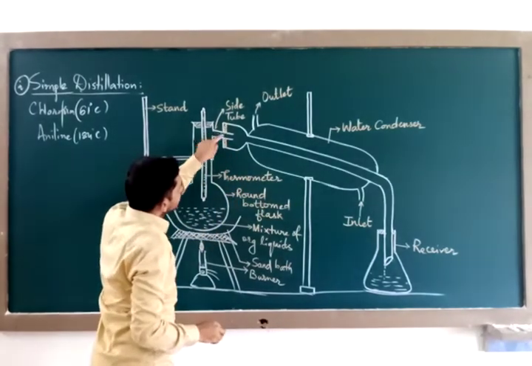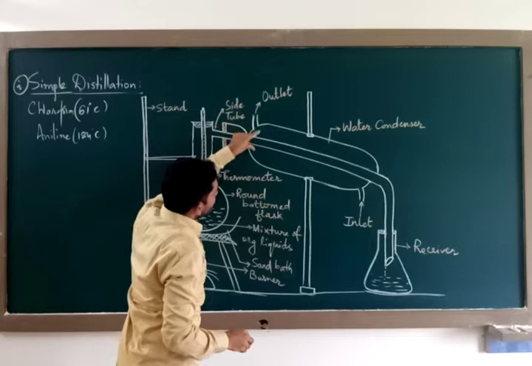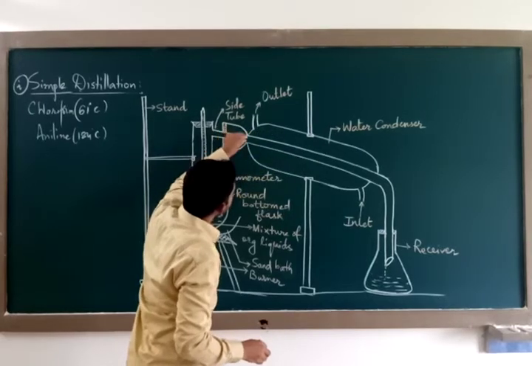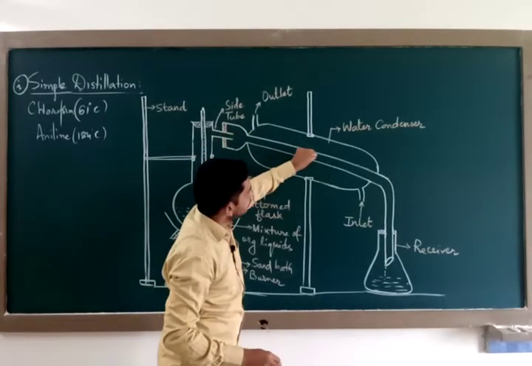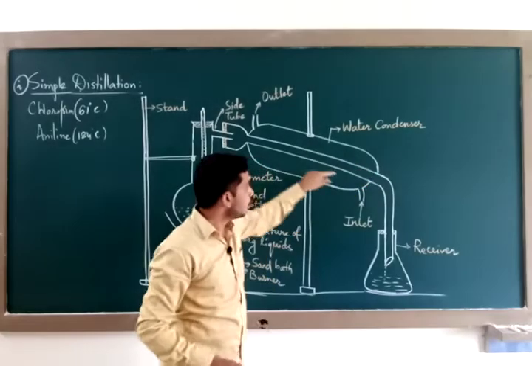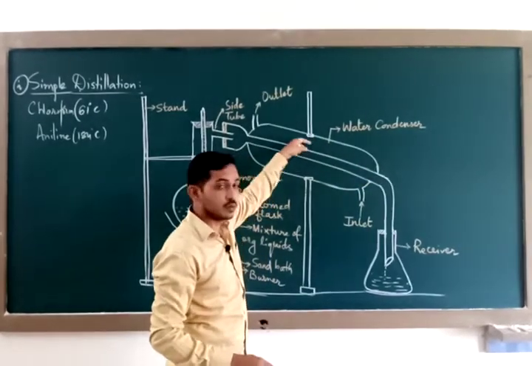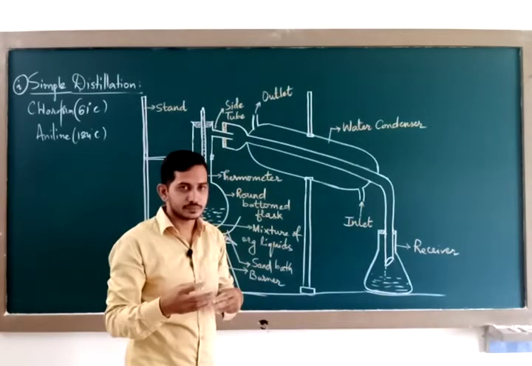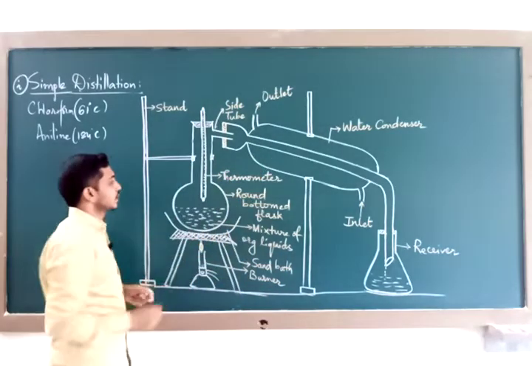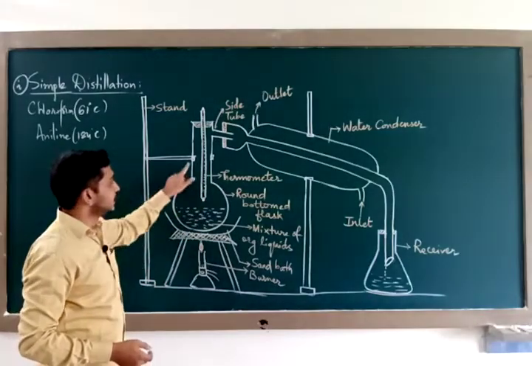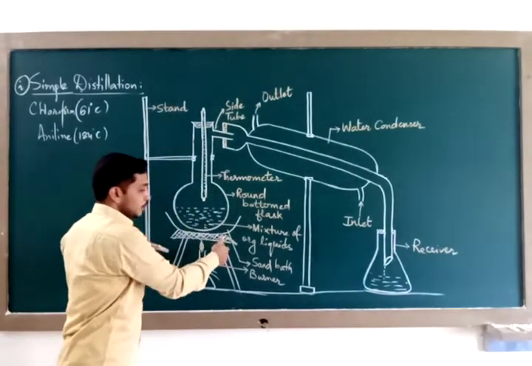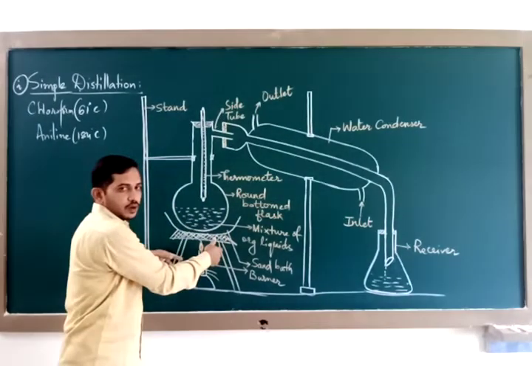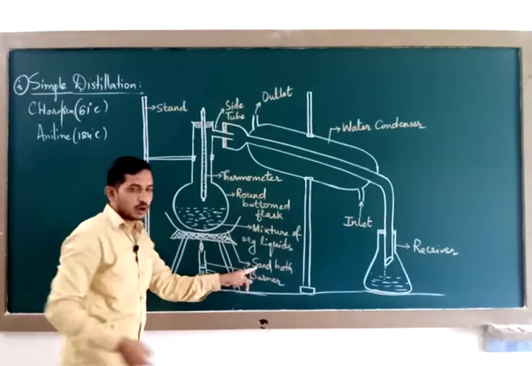The water condenser is a long cylindrical structure inside which the vapors can pass, but on the outer sides it is empty for circulation of water. I'll come back to that later. Now this round bottom flask is fitted with a stand and kept on a sand bath or water bath.